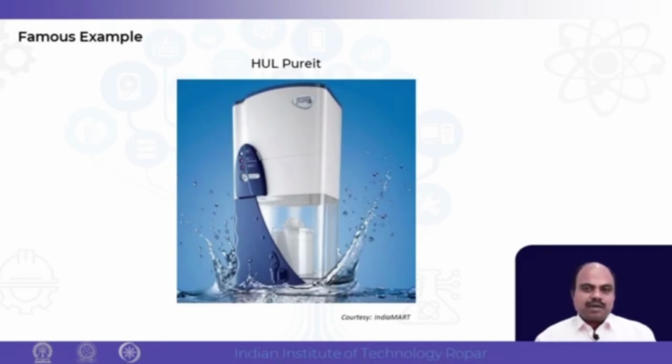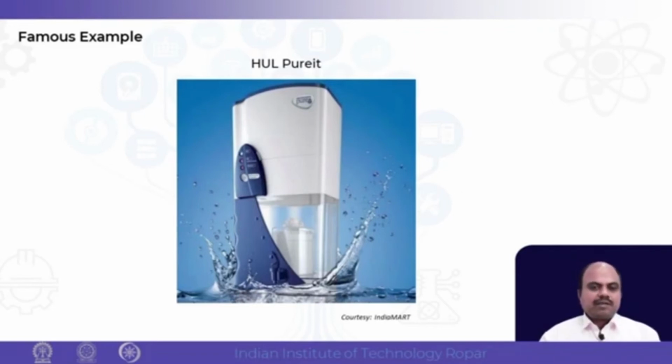So the solution is that we need a filtration method standardized according to something like the US standard, and then the water should be drinkable. It should not run on electricity. It should be economical. So ultimately, with all this understanding, they came out with this system, Pureit.